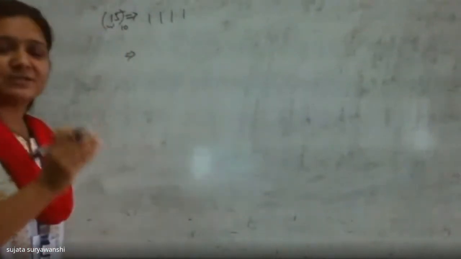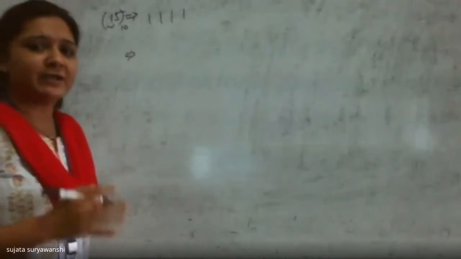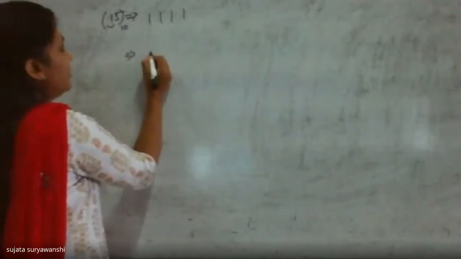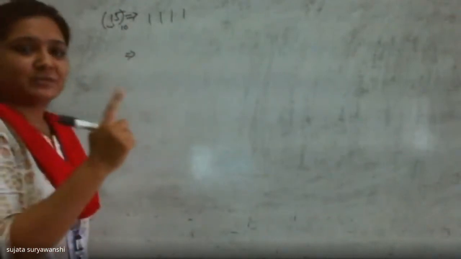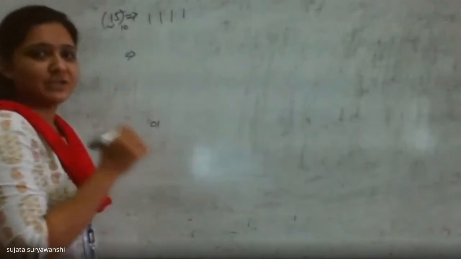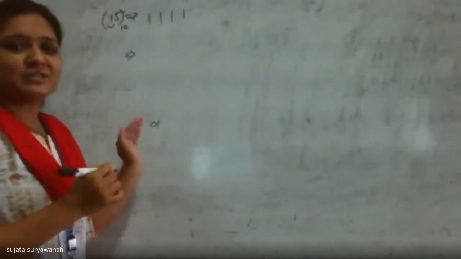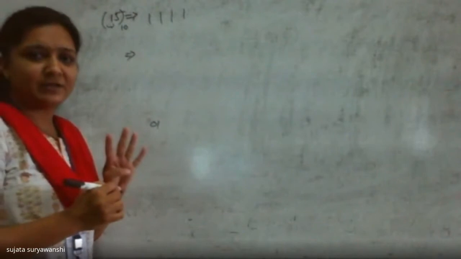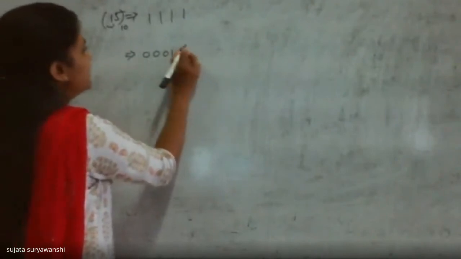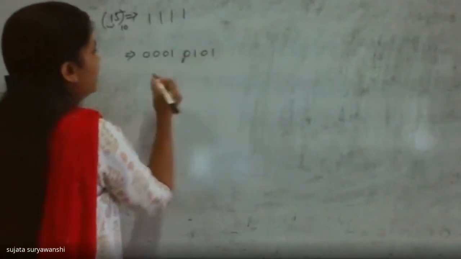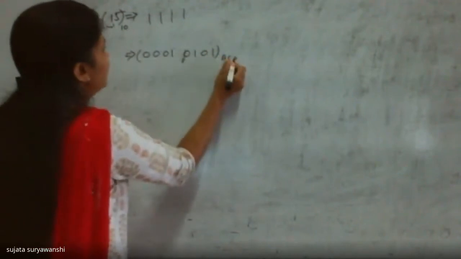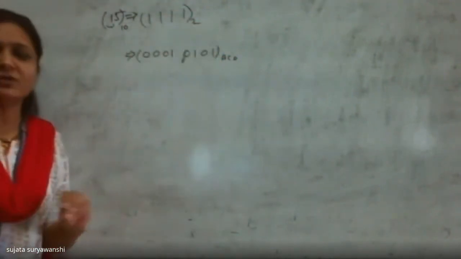We need to consider each decimal digit separately and write a 4-bit binary for each decimal digit. Every time, even for 1, don't write just 1; you have to represent each decimal digit in 4-bit binary always. So here it is 0001 and then 0101. This is the BCD equivalent, and the other is the binary equivalent of 15.